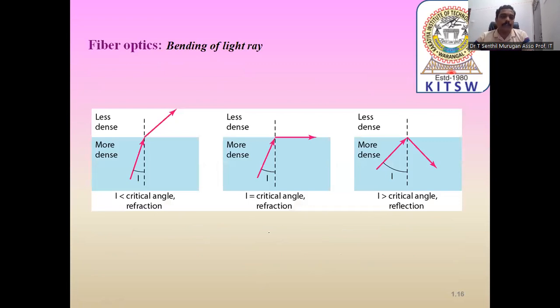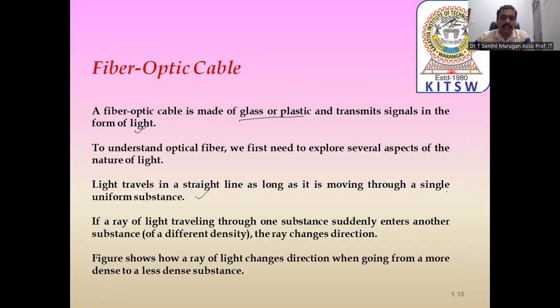If the I value is less than the critical angle, it is refraction. If the I value and the critical angle are the same, the light bends along the interface. But if the I value is greater than the critical angle, it is called reflection. So this is how the ray goes, which we have discussed here.